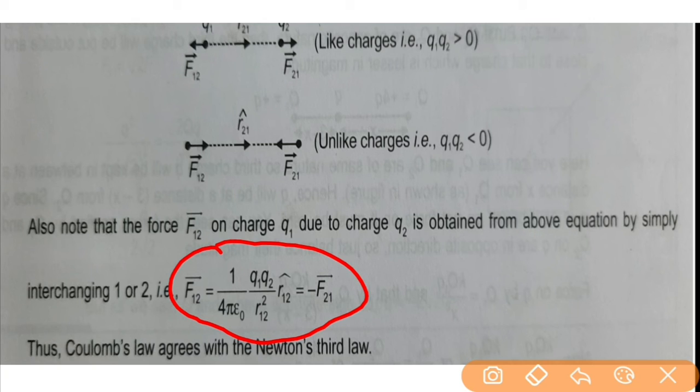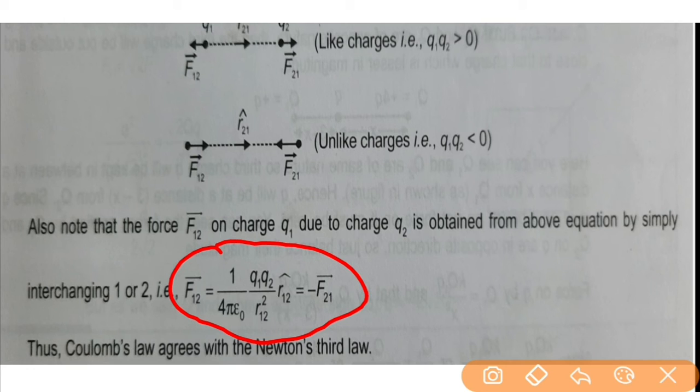F12 equals 1 by 4 pi epsilon 0, Q1 Q2 over R12 square, in the direction of the R12 unit vector. So F12 acts along R12 cap.